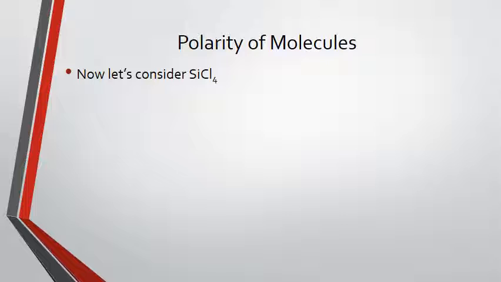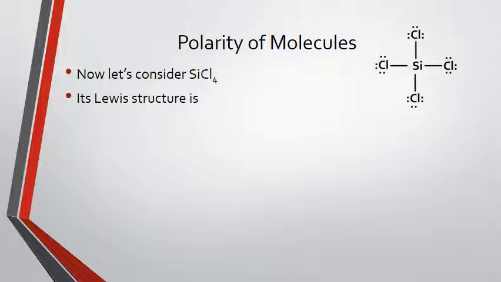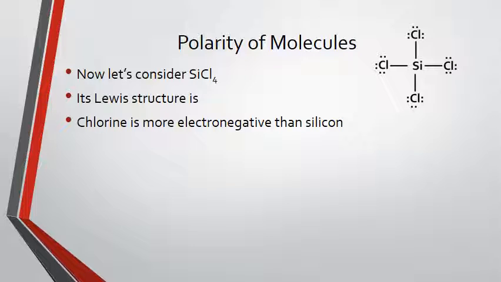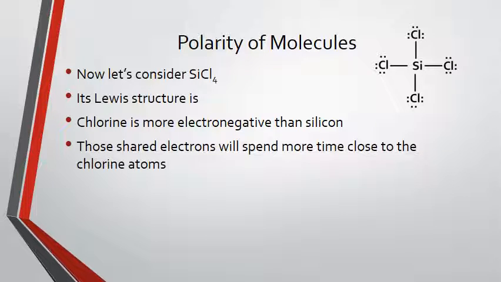Let's do another example, silicon tetrachloride. Its Lewis structure is there. If you need to review drawing Lewis structures, please do. Chlorine is more electronegative than silicon. We look at the periodic table, chlorine is closer to fluorine. Those shared electrons will spend more time close to the chlorine atoms.